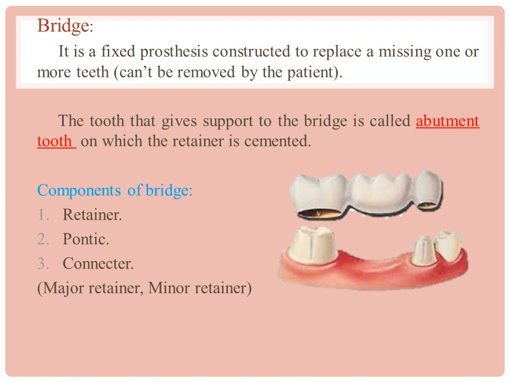It replaces the missing tooth or teeth, while the connector is the part of the fixed partial denture that joins the components of the bridge together, I mean the retainer and the pontic, and this connector may be rigid or flexible. When the retainer is attached to a fixed connector, it's called a major retainer, but when it's attached to a flexible or movable connector, it's called a minor retainer.